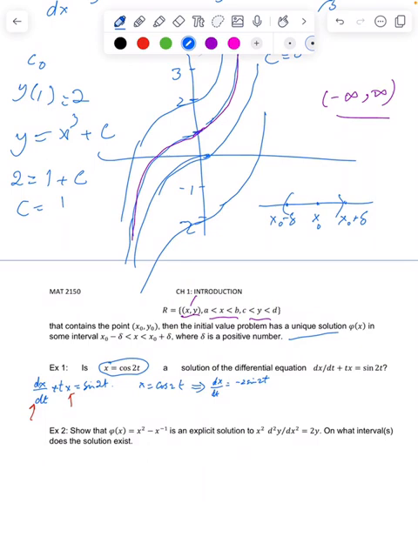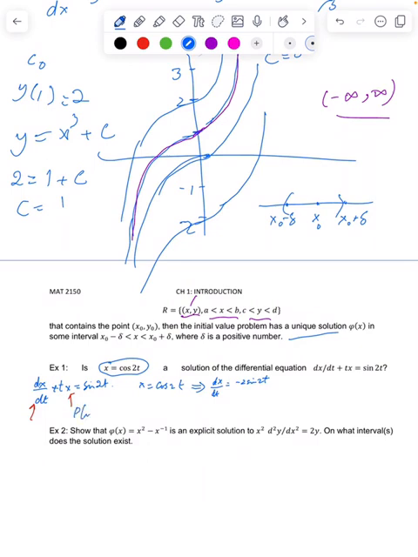Now what do we do? We just plug into the differential equation. If we have to plug in things on the left, we do that, and if we have to do it on the right, we do that. But in this case, you can see that we have to plug in only the left. The right hand side is what it is.